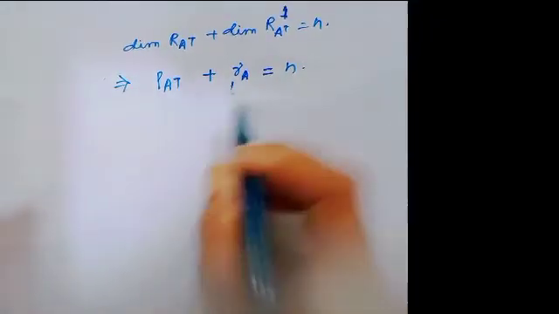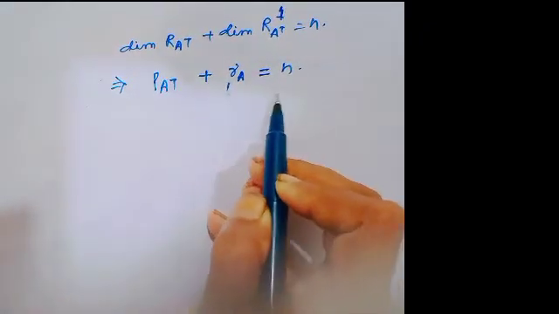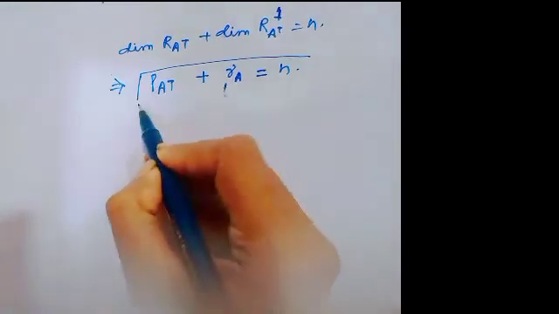That means rank of A transpose plus nullity of A equals n.